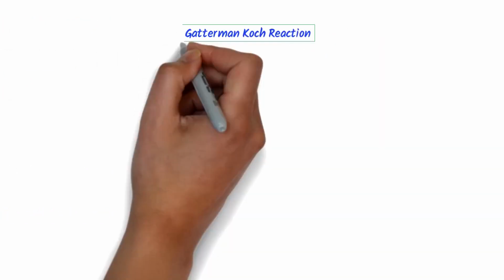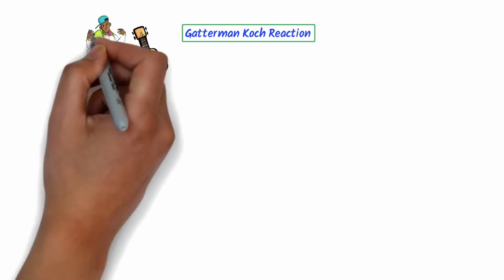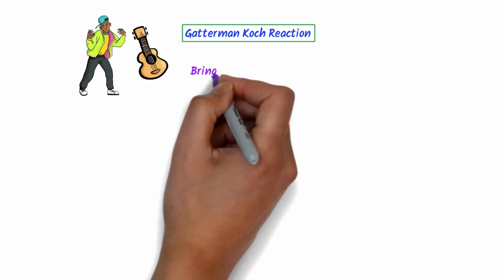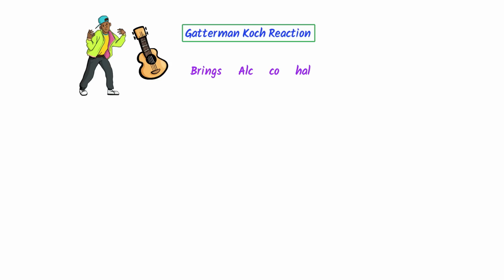Lastly, let me teach you the Gattermann-Koch reaction. Now this Gattermann reminds me of guitar man. I always say guitar man brings alcohol. Now this B ring stands for benzene ring. This AlC stands for aluminium chloride. This CO stands for CO. And this H stands for HCl.